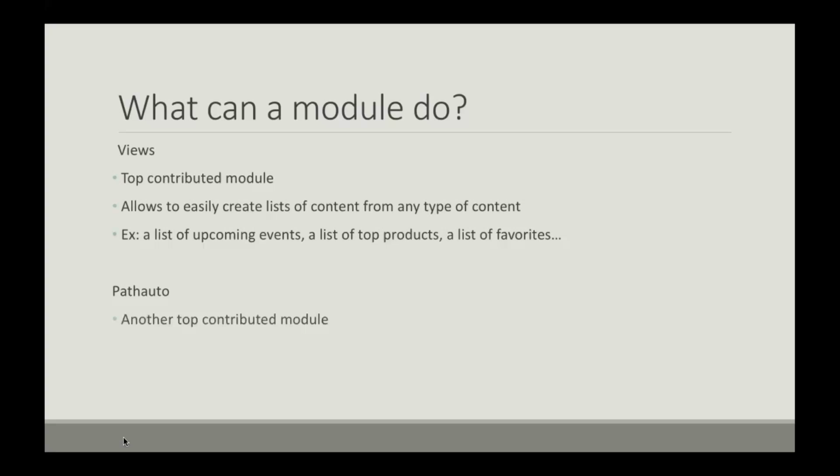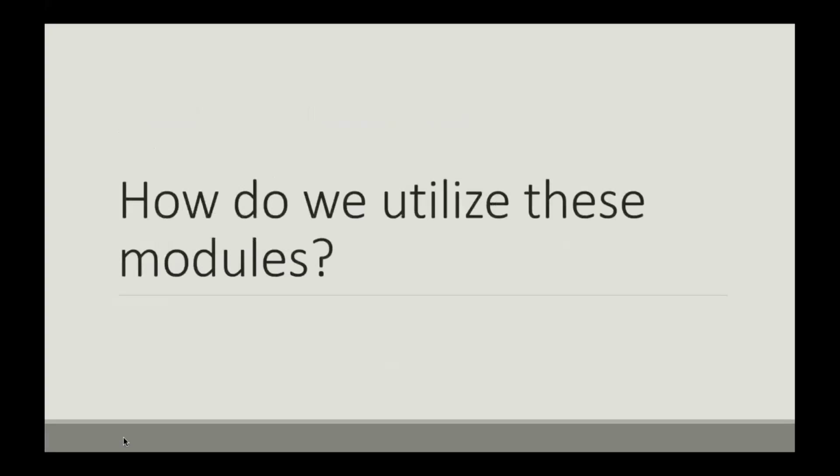What Pathauto does is it allows a site builder to define patterns based on your content for the URL. So what you can do is make a URL very easily readable and better for SEO purposes. So you can change .com/node/45 to, if it's an article piece of content, article/title-of-article. Pretty handy.